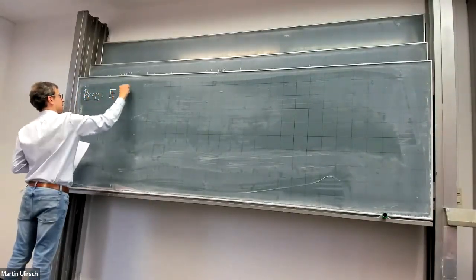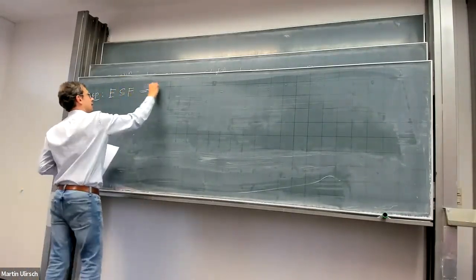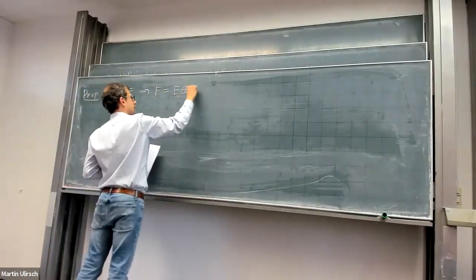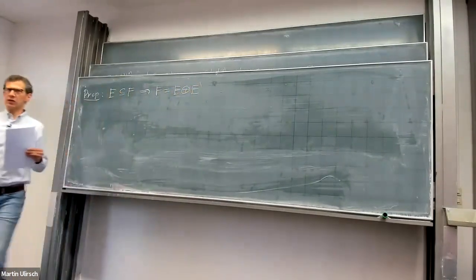So if you have E as a subbundle of F, then F is the direct sum of E and something else. This is because a generalized permutation matrix, which is block triangular, is automatically block diagonal. Nothing deep here.